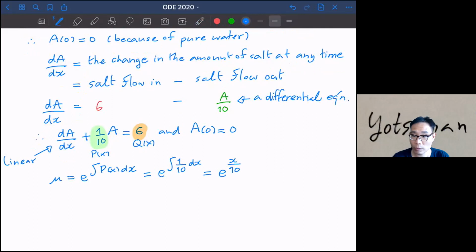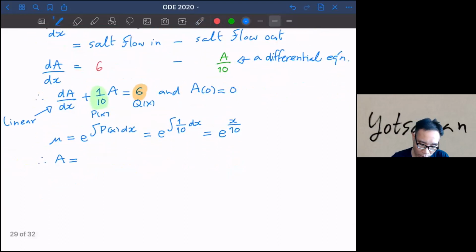Then you have A equal to 1 over mu times the integral of mu q(x) dx.